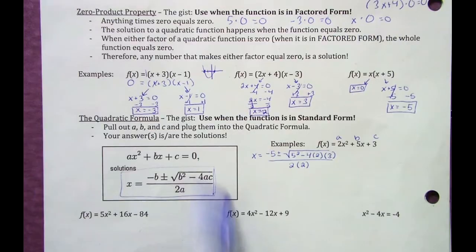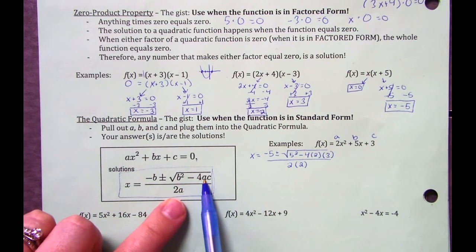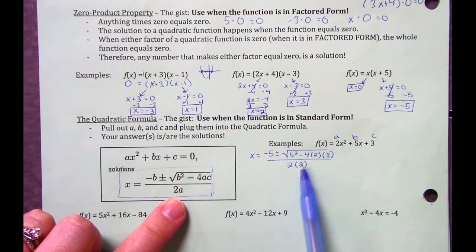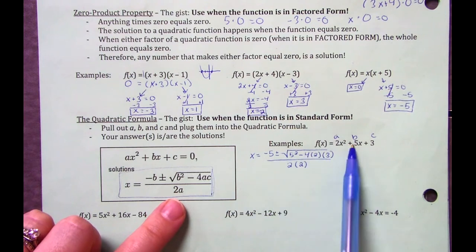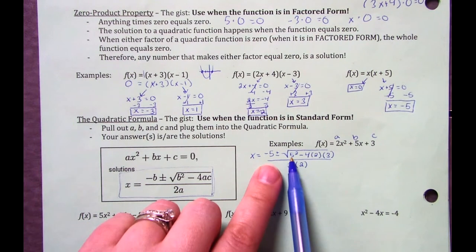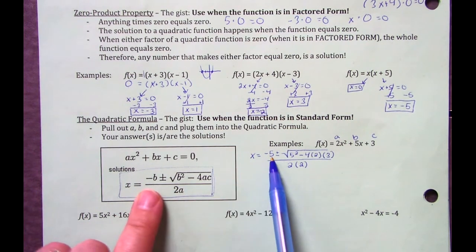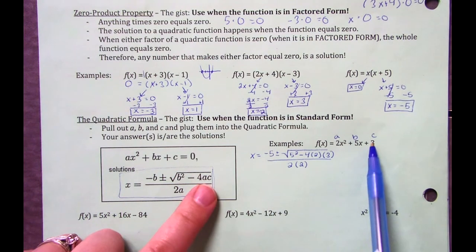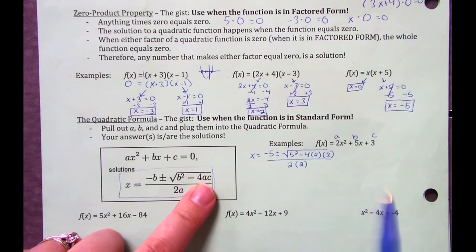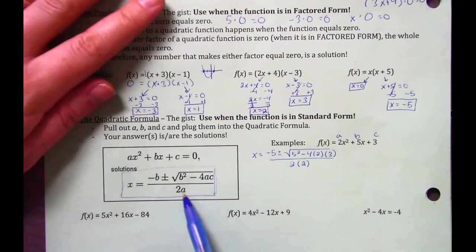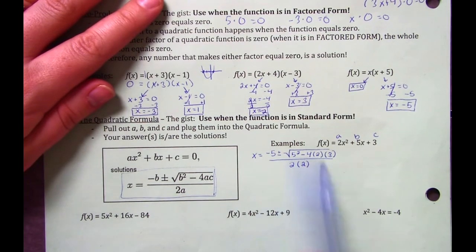So I just rewrote this, and every time I saw an a, I put a 2 in. Every time I came across a b, I put a 5 in, or here was the opposite of b. And every time I saw this c over here, I put a 3 in. So I just rewrote this, but I plugged in a, b, and c for my numbers.